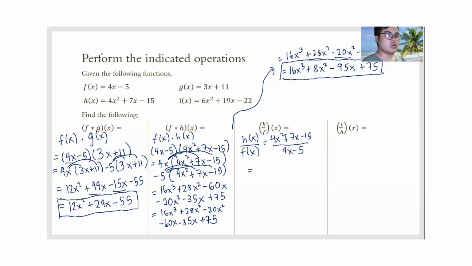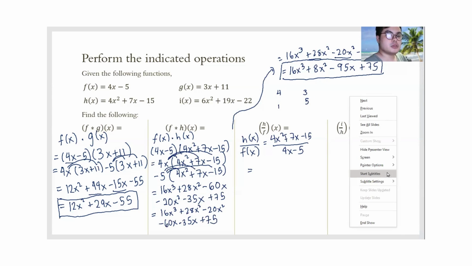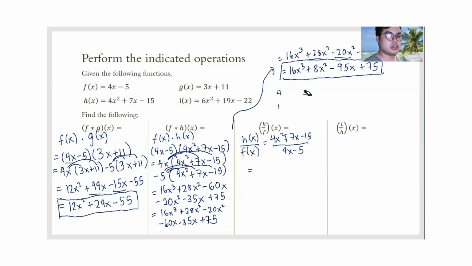If the function is factorable, we need to factorize. So what are the factors of 4x squared plus 7x minus 15? We're going to use the trial and error method, I mean trial and error in crisscross. What are the factors of 4? 4 and 1. What are the factors of 15? 3 and 5, or shall I say 5 and 3?